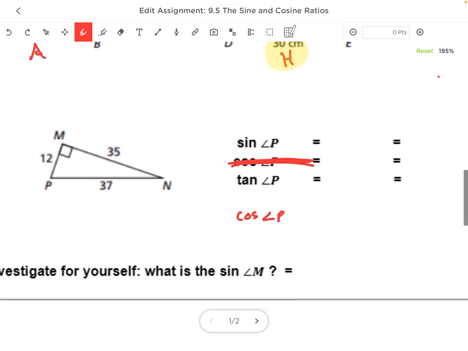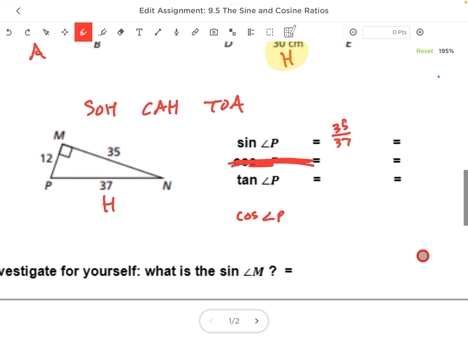So sine first. Okay? Sine, we said, well, let's do this. SOH-CAH-TOA. Okay, so we know sine is opposite over hypotenuse, right? So from angle P, opposite would be 35 over, let's go ahead and label that the hypotenuse. Either way, that's the hypotenuse, right? So 35 over 37.